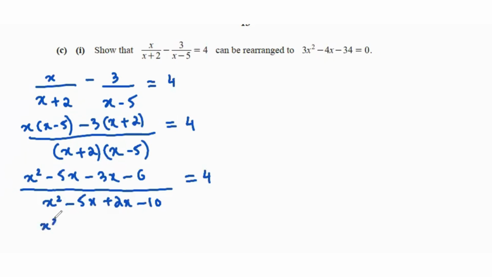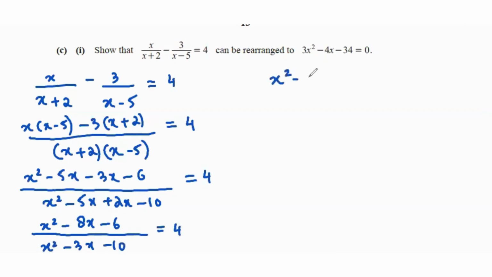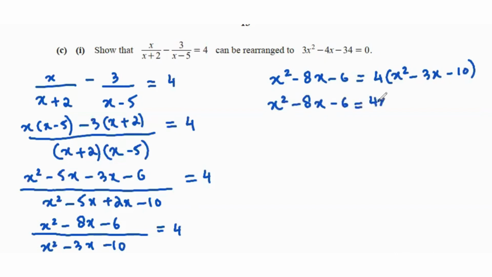That's going to leave us with x squared minus 8x minus 6 over x squared minus 3x minus 10 equals 4. Cross multiply. X squared minus 8x minus 6 equals 4 times x squared minus 3x minus 10, which is going to give us 4x squared minus 12x minus 40.